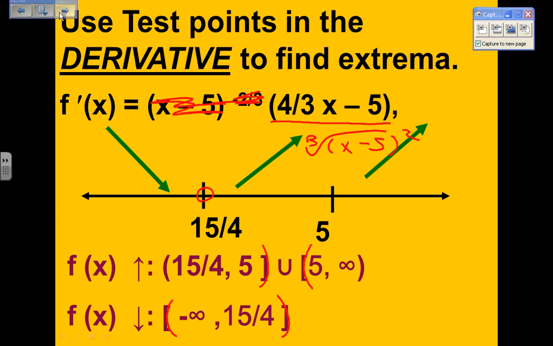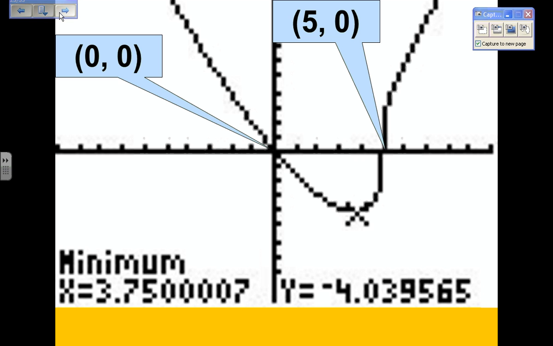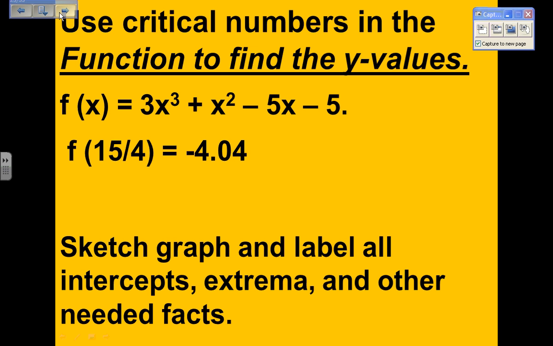You can use your calculator for that. Calculate the y values, and there's the graph. That is odd. Okay, well that's what I got. Those are the y values.